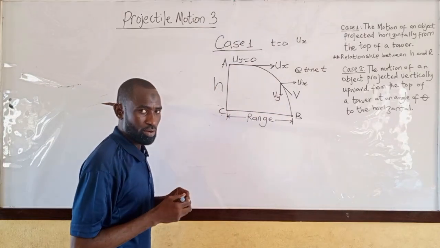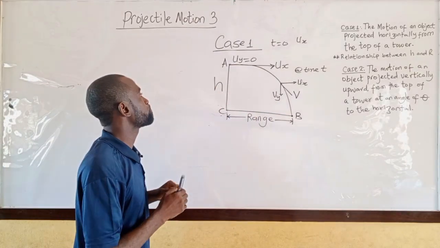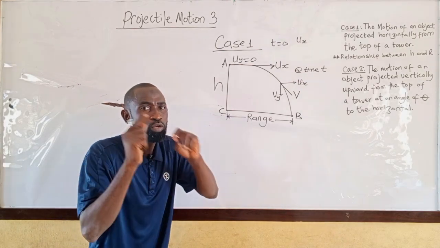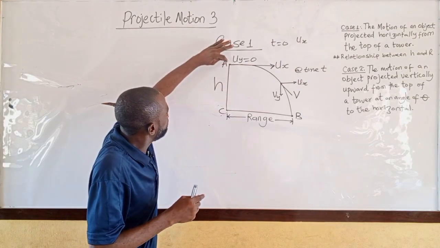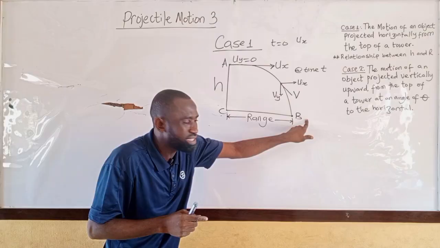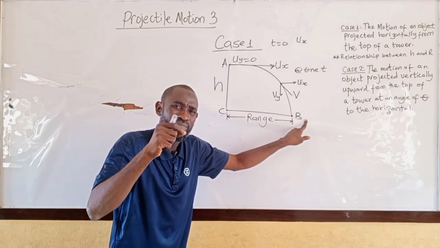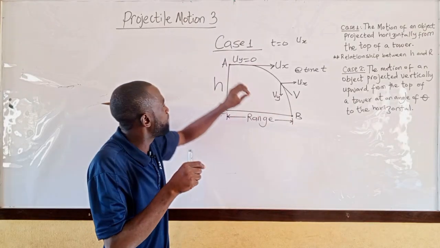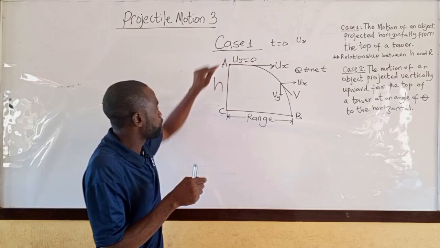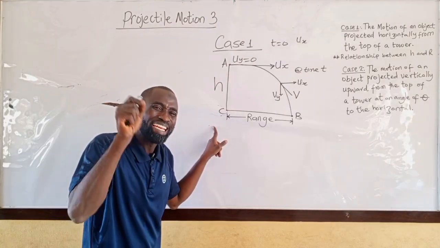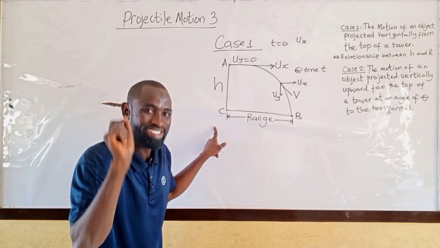Now class, take note of this: the time the body will spend from point A to point B is the same as the time the body will spend from point A to point C, neglecting air resistance.